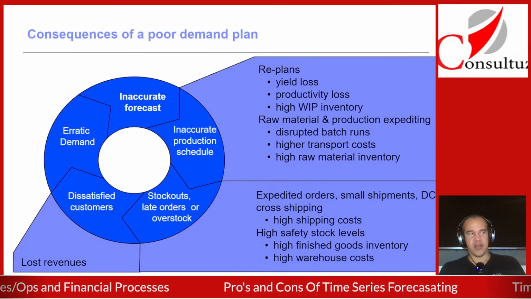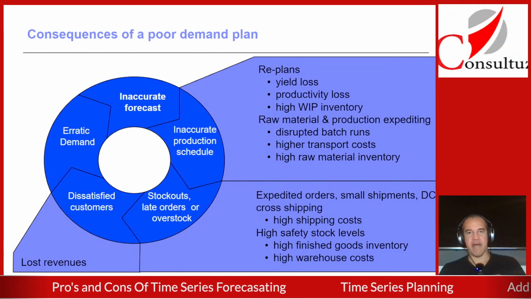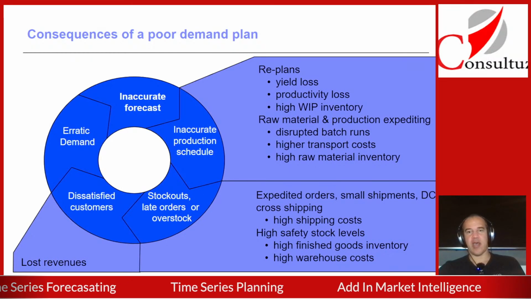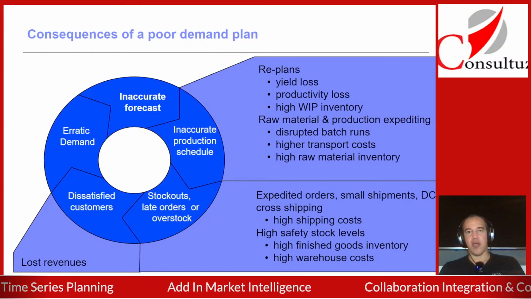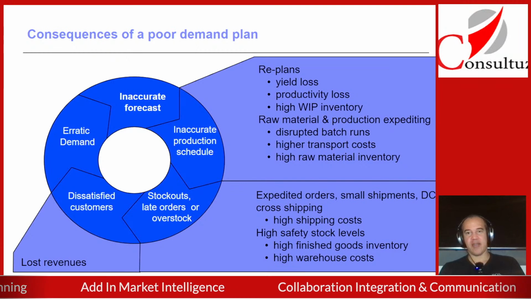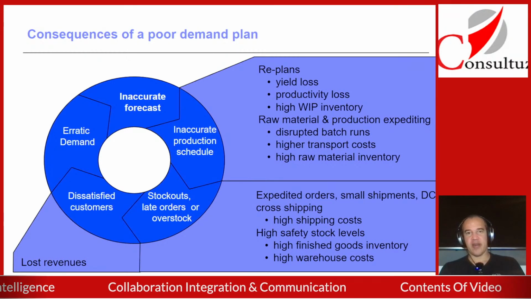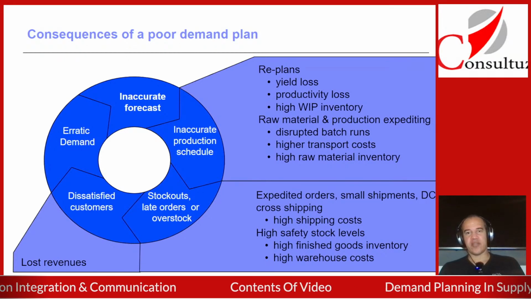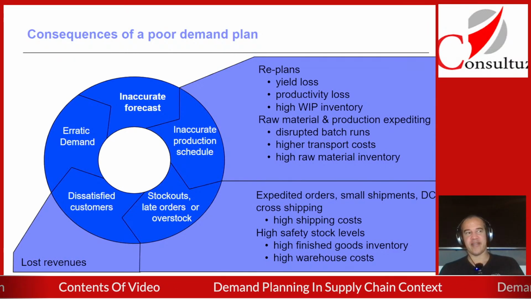The other one is around stockouts and late orders or availability back orders. What you're trying to avoid is disappointing the customer. So having availability is absolutely essential. When I worked in quite large corporate functions, we did work to 98.5% availability as a target.